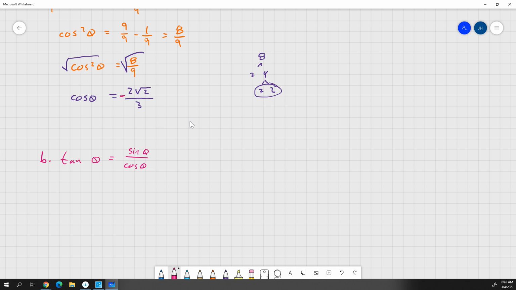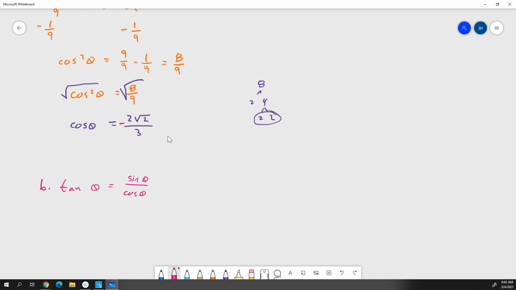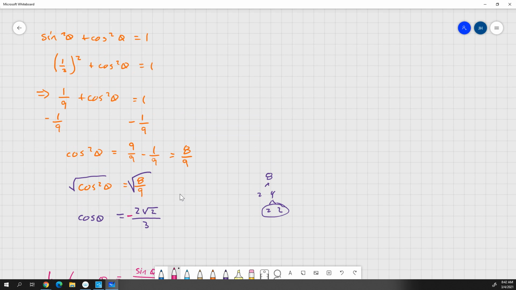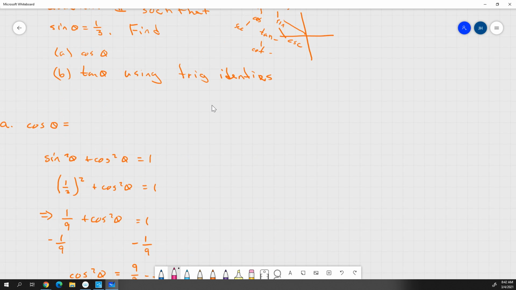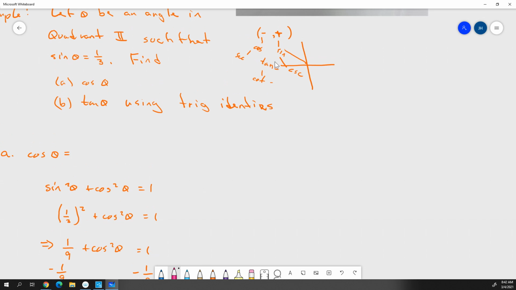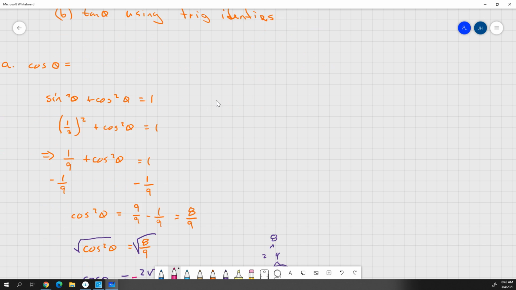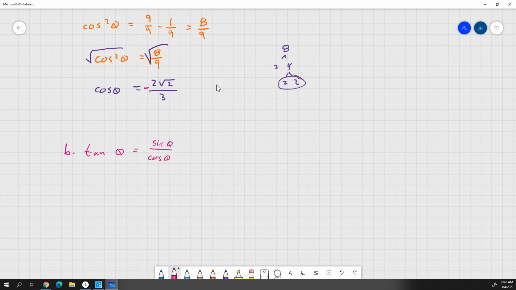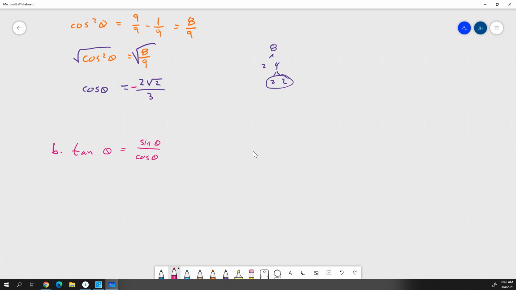And the reason that is handy is that we know that cosine of theta equals this sucker, right? And we know that sine of theta from the beginning just equals 1/3. That part was given to us. Tangent is going to be negative. We already determined that. So no matter what we get here, we know that our solution is going to be negative. So I'm just going to put that out there. Negative. Sine of theta is just 1/3. It was given to us, right?